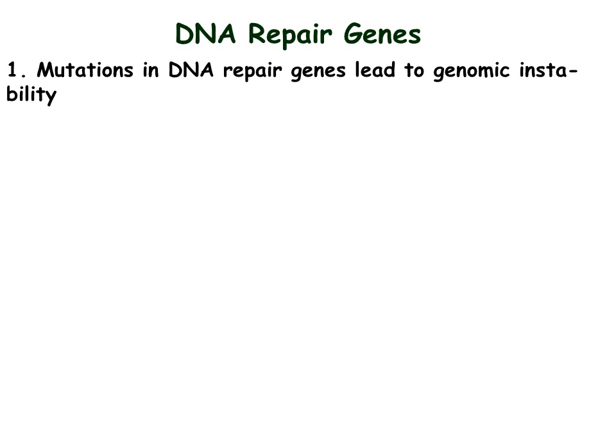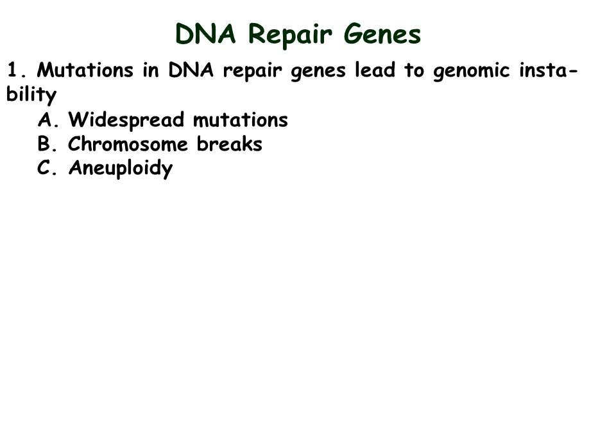So we say that the genome is unstable, or genomic instability is the fancy term. And what happens is there are widespread mutations. You can even get chromosome breaks, and if this is occurring in the gametes, it can lead to aneuploidy.